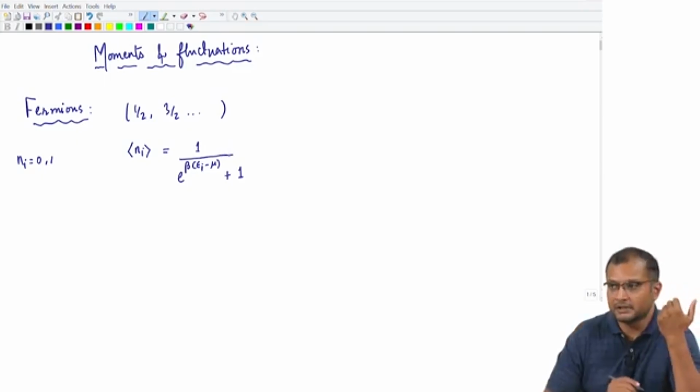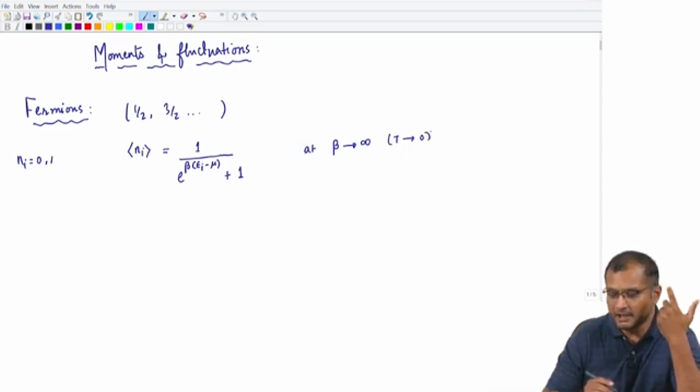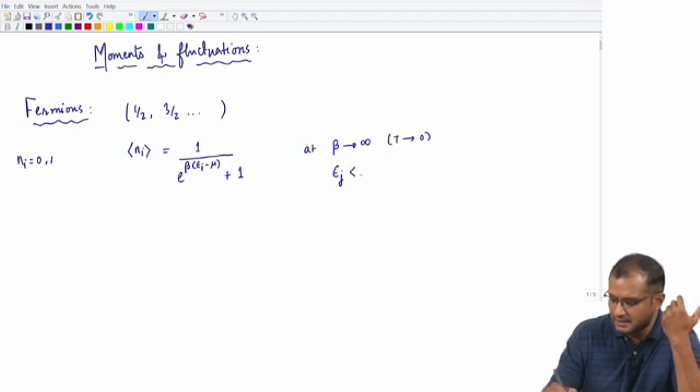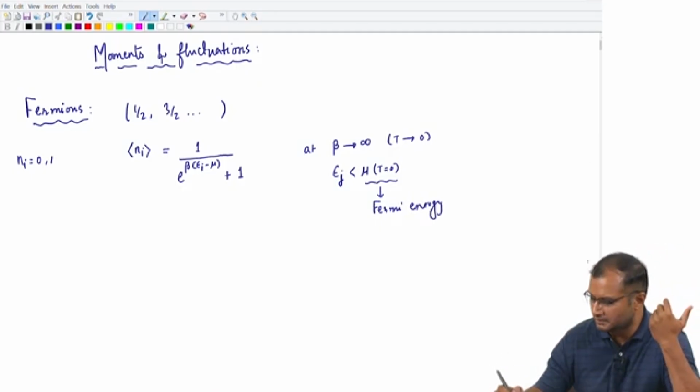Okay. So, as you can tell, at 0 temperature or 0 Kelvin, when beta goes to infinity, for any energy level which is less than the chemical potential at T equal to 0, and the chemical potential at T equal to 0 is nothing but the Fermi energy, the occupation number is 1, the average occupation number is 1.